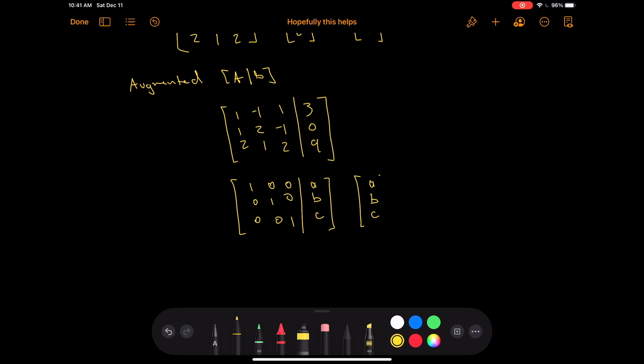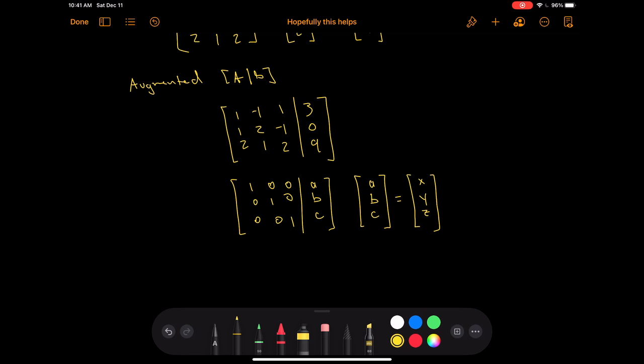In other words, what's on the right, a, b, and c, would equal x, y, and z. This is one of the reasons why row reduction can help solve systems of equations, and also do some other things in case there are systems that have infinitely many solutions, but we'll get to that later.